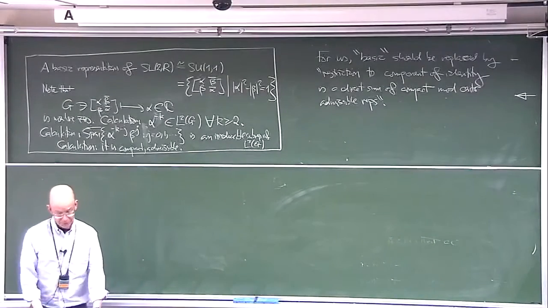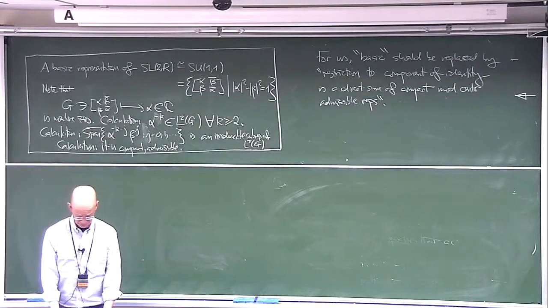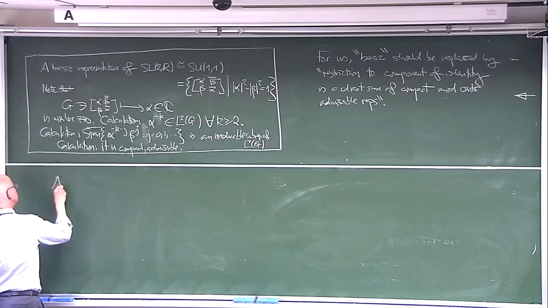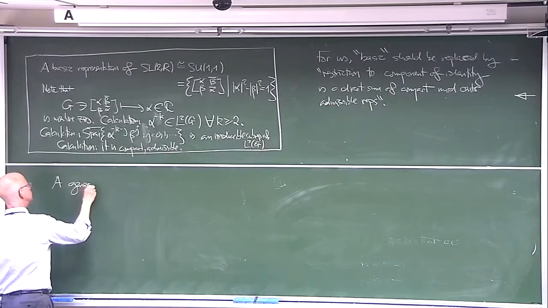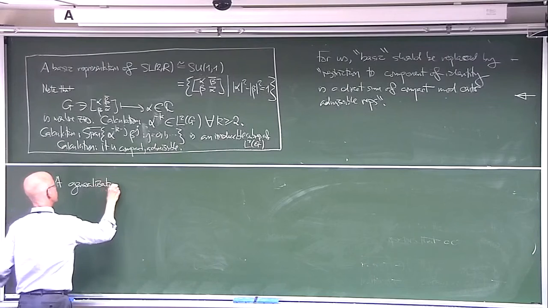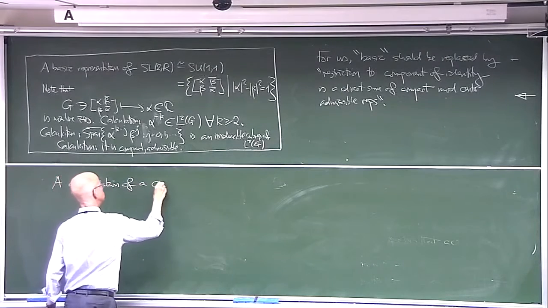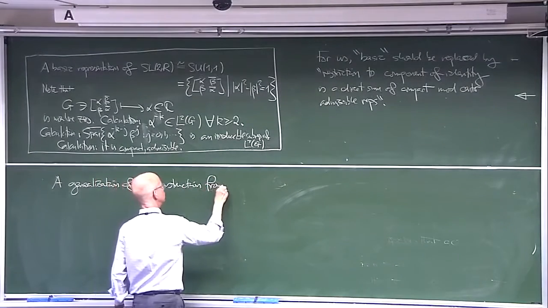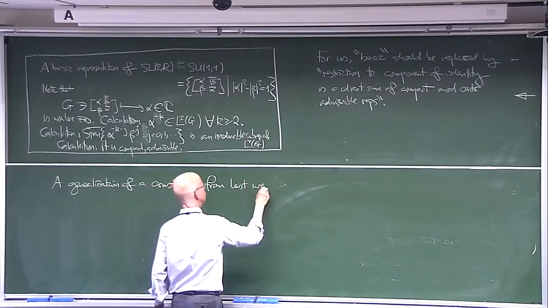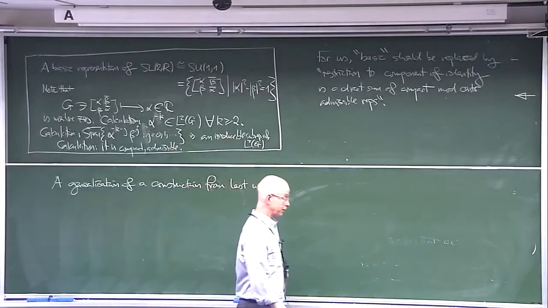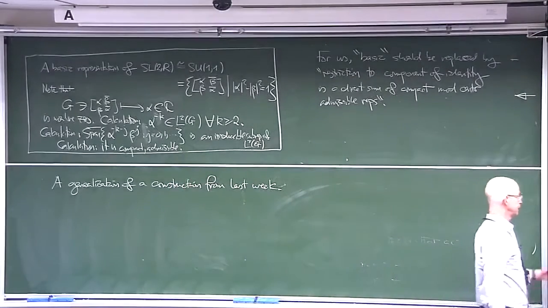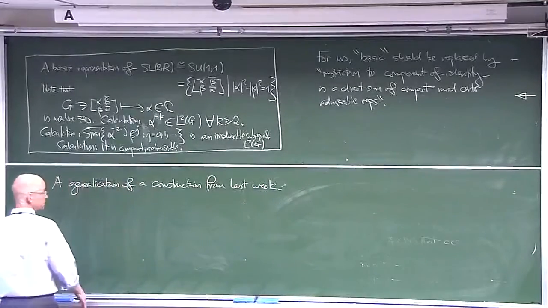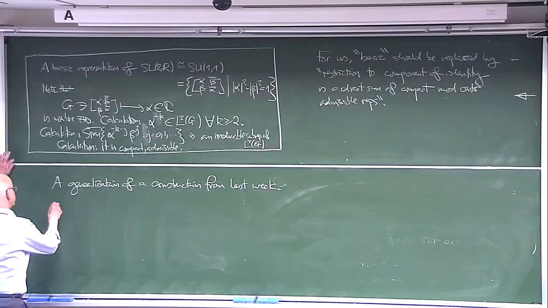And a lot of what I want to say, I already said a week ago. And what I said a week ago, we can now do again in much greater generality, although there's no new idea, it's just the same thing.